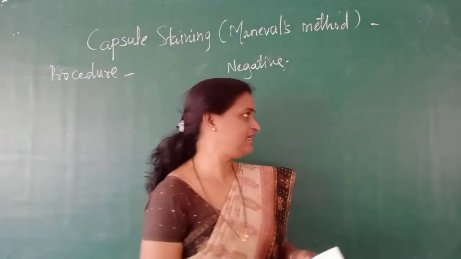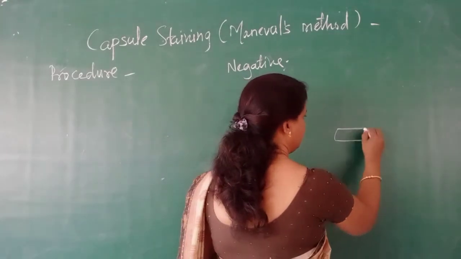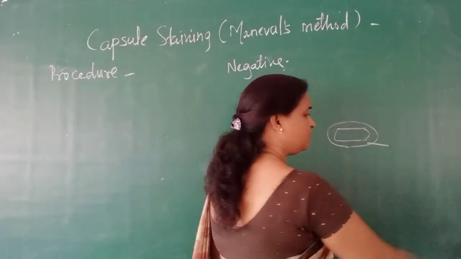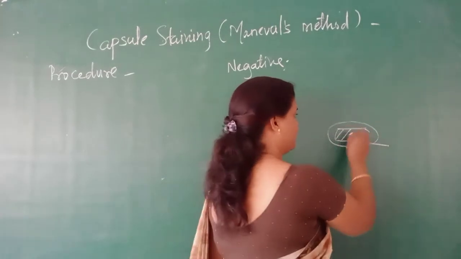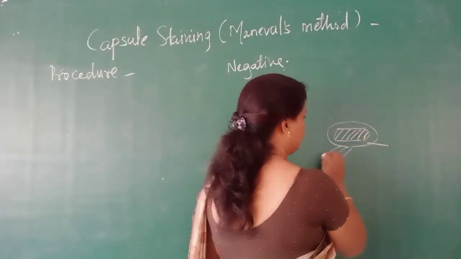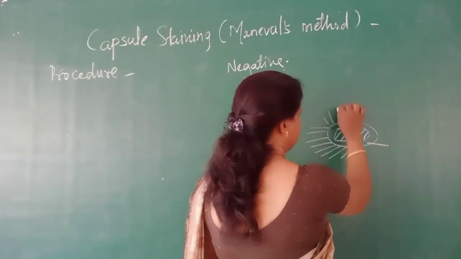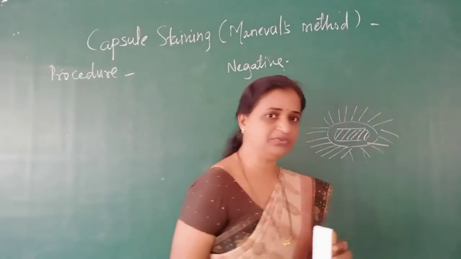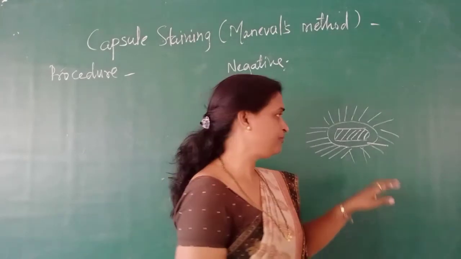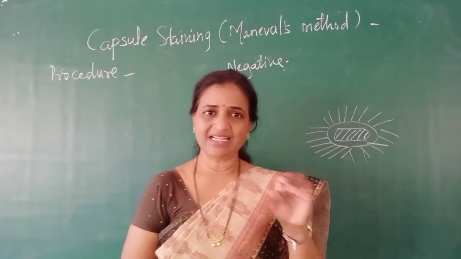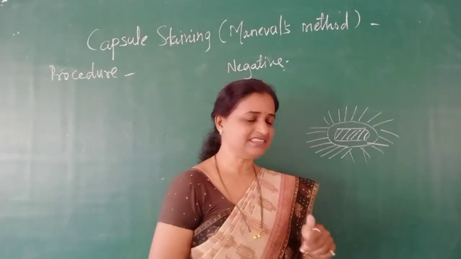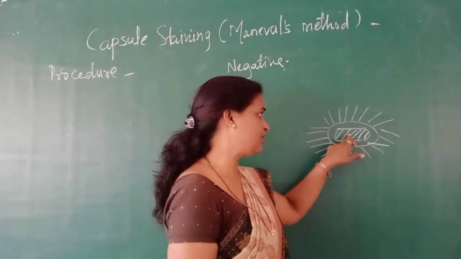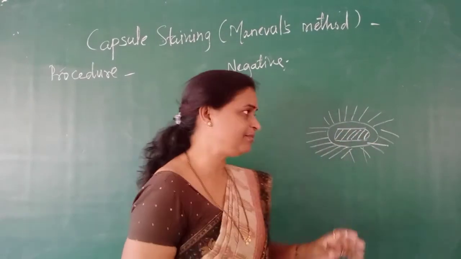Suppose this is the cell and this one is the capsule. We are not giving color to the capsule, at the same time we are giving color to the cell and the outside background. That is the principle of negative staining. We get the colorless capsule against a dark colored background and colored cell.